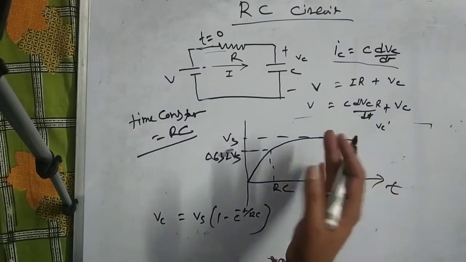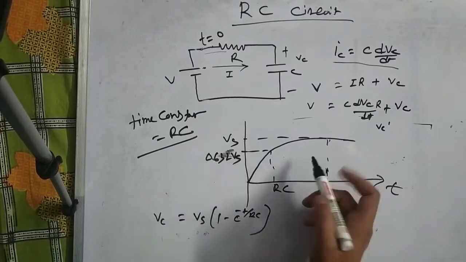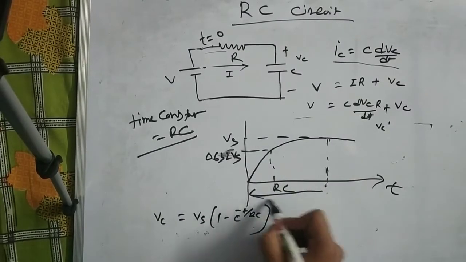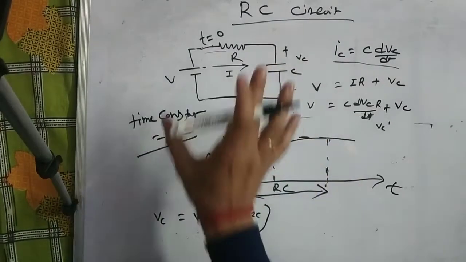This can be considered the steady state. This part is called the transient of this RC circuit.